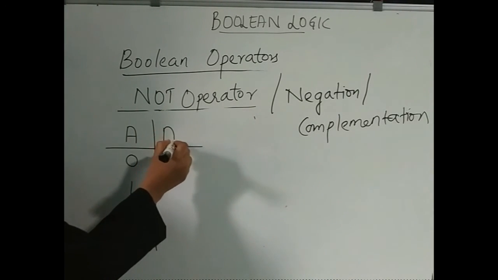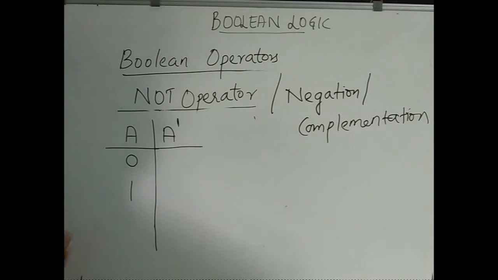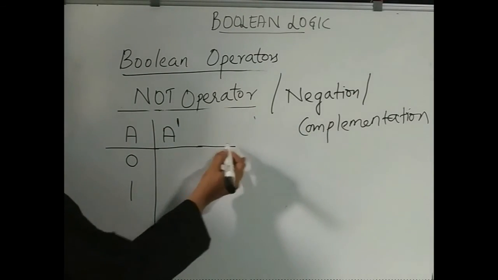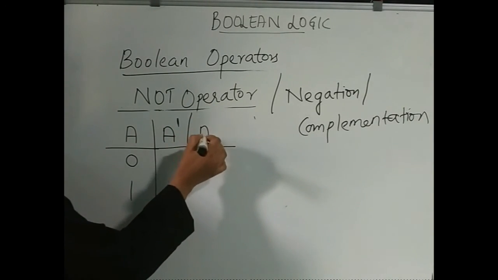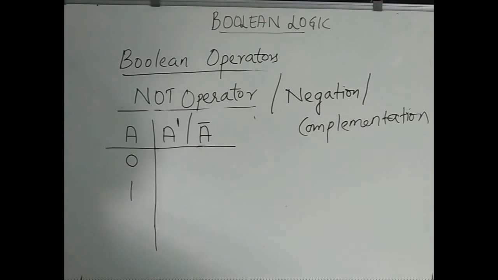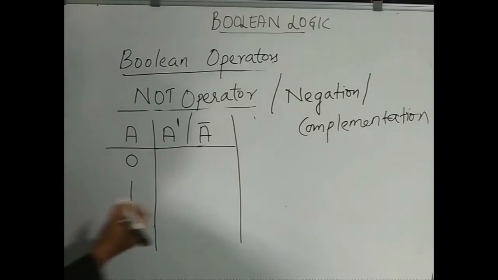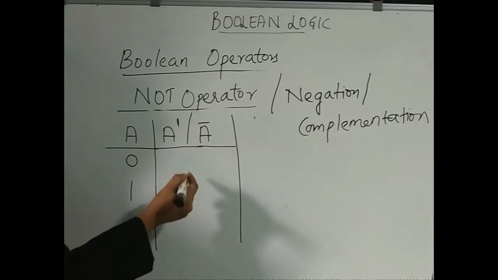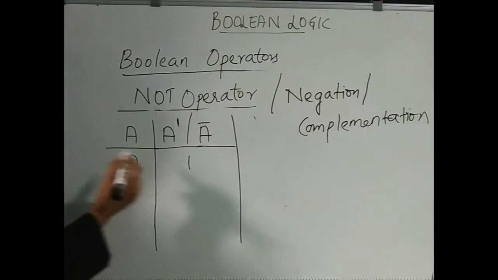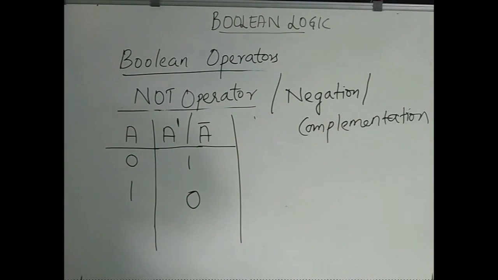So the output can be represented like this or like this also. This is also correct. So what will be the output? If 0 comes, the output will be 1, and if 1 comes, the output will be 0. Just the opposite of the input. Okay, this is NOT operator.